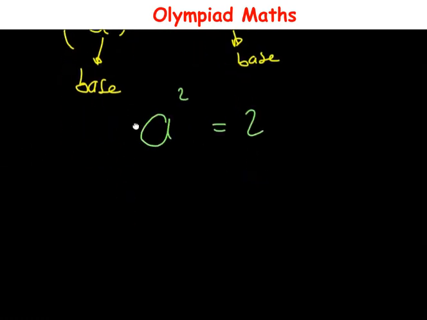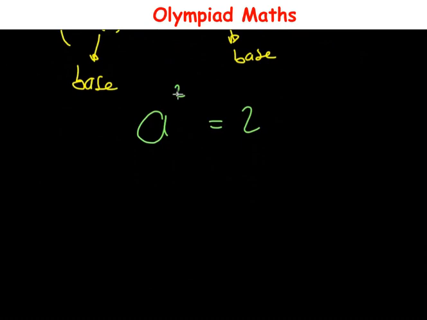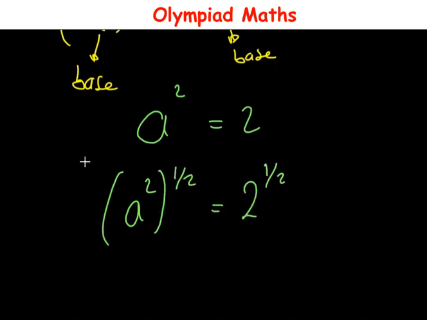Now, the next thing is to remove this square, and to do so, multiply both sides with power 1 over 2. So in brackets, a raised to power 2, all raised to power 1 over 2, is equal to 2 raised to power 1 over 2.